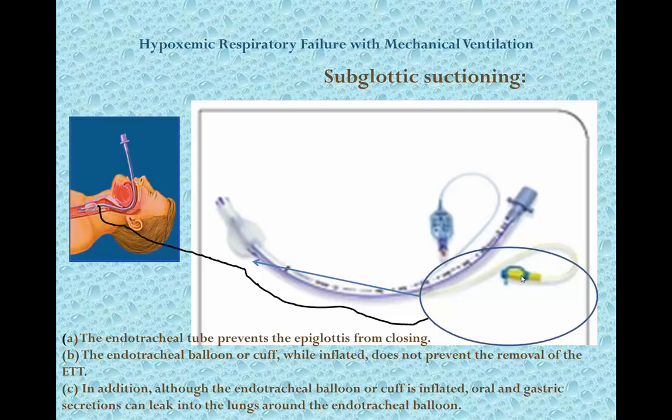Baylor University Medical Center has this, and some other hospitals, I'm sure, but not all places have this subglottic port. And so this port at the end is an opening where you can attach it to suction, and then this port ends right here above the balloon. So there's a hole right here that leads to this port.